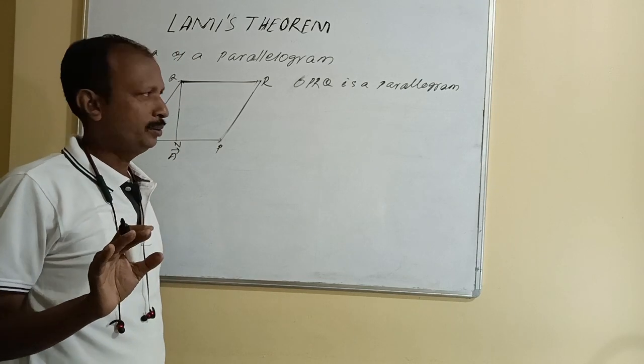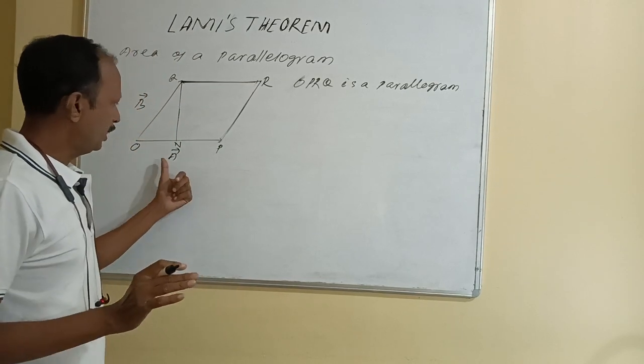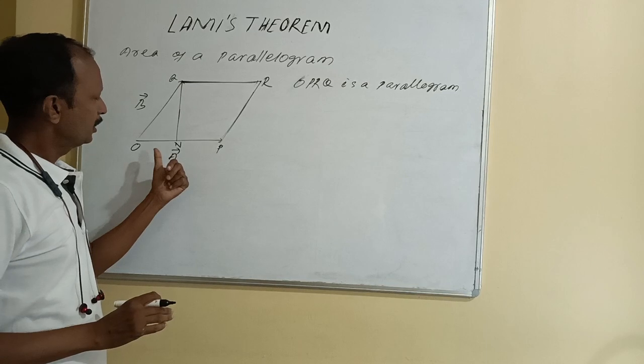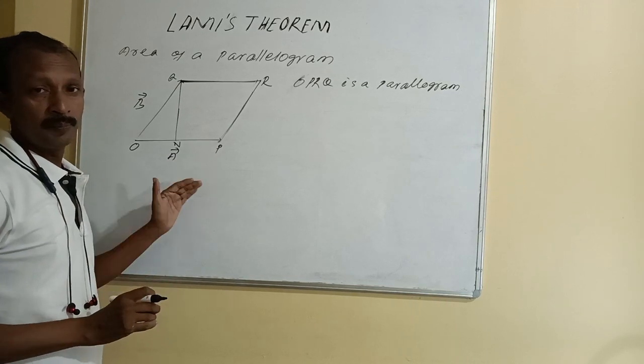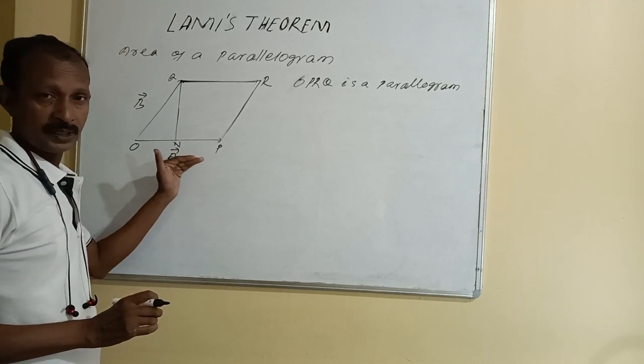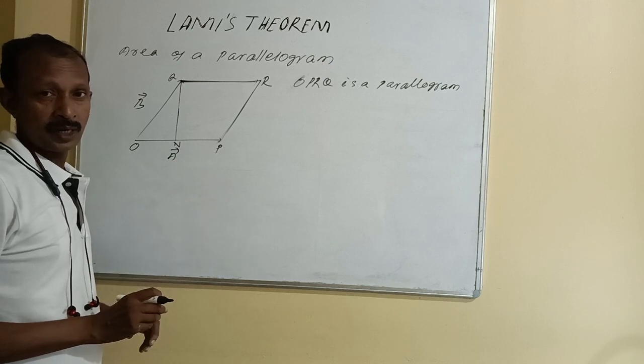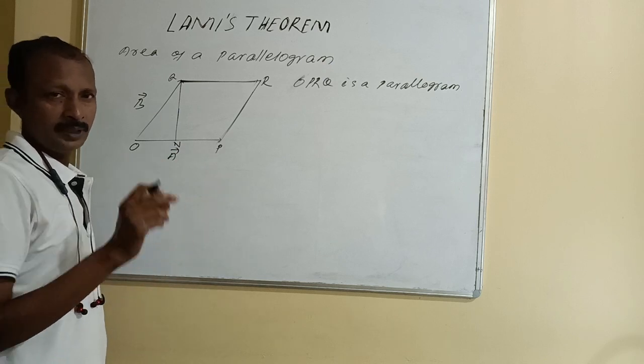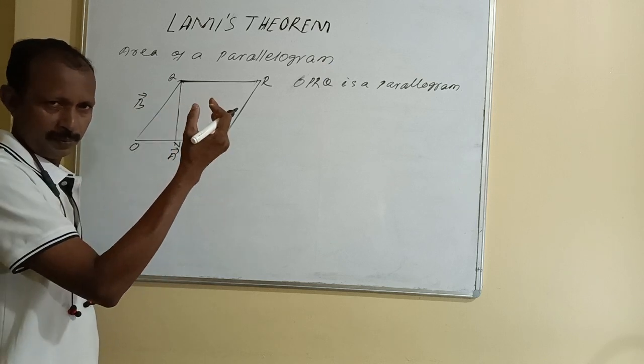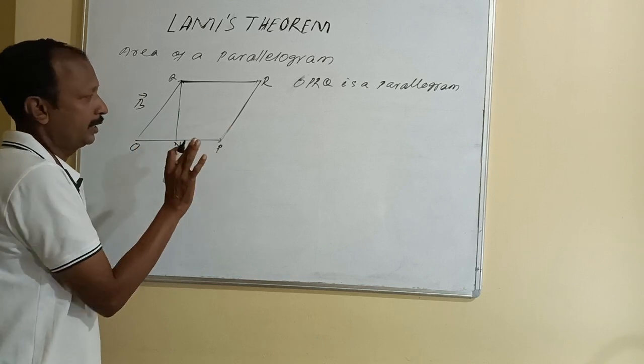OPQR is a parallelogram. Now you know that the area of a parallelogram is equal to the product of one of its sides and the perpendicular drawn from the opposite vertex to that side.